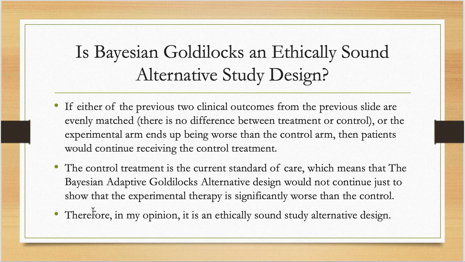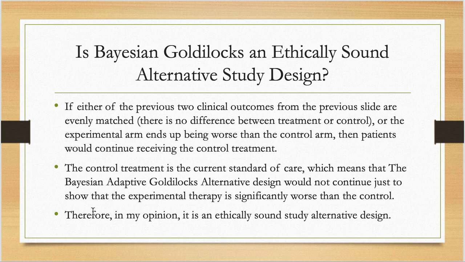Is Bayesian Goldilocks an ethically sound alternative study design? As with previous responsive adaptive randomization schemes, there have been some questions about ethics raised, and so I tried to look to see what I thought about the study design. If either of the previous two clinical outcomes from the previous slide occurs, in other words, there is no difference between treatment and control, or the experimental arm ends up being worse than the control arm, then patients would just continue receiving the control treatment.